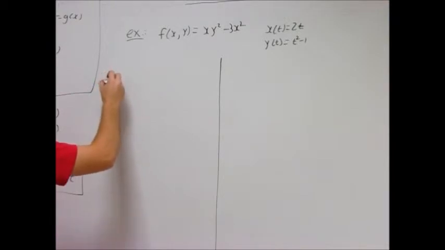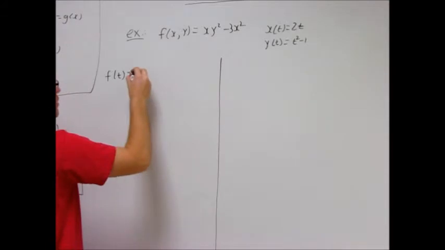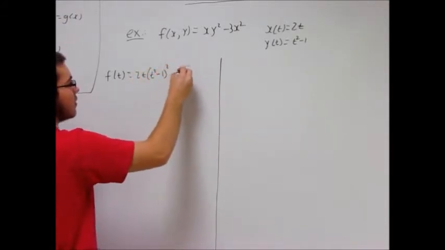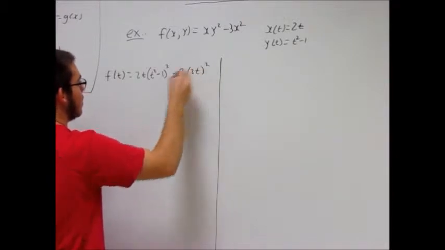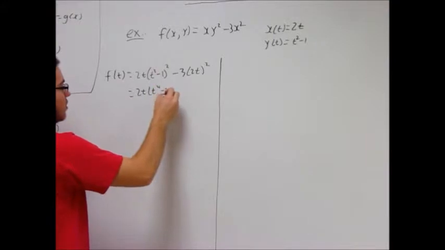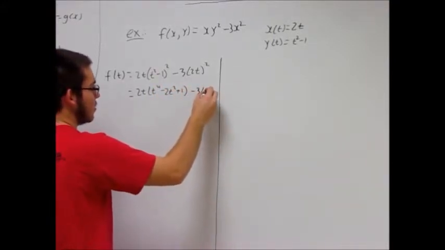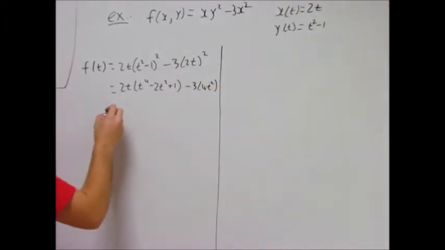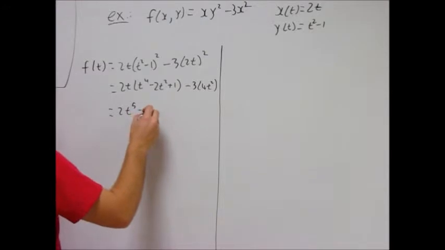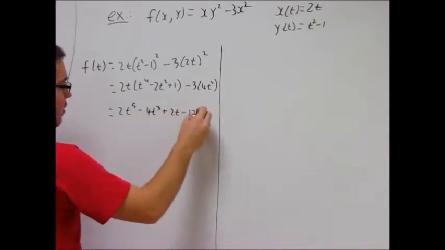That means f of t now becomes 2t times (t squared minus 1) squared minus 3 times (2t) squared, which is 2t times (t to the fourth minus 2t squared plus 1) minus 3 times 4t squared, which is 2t to the fifth minus 4t cubed plus 2t minus 12t squared.